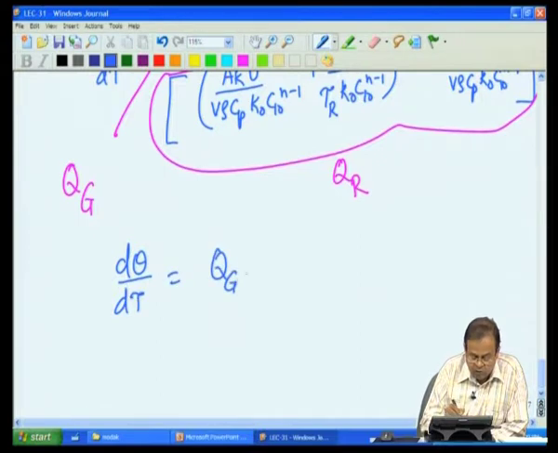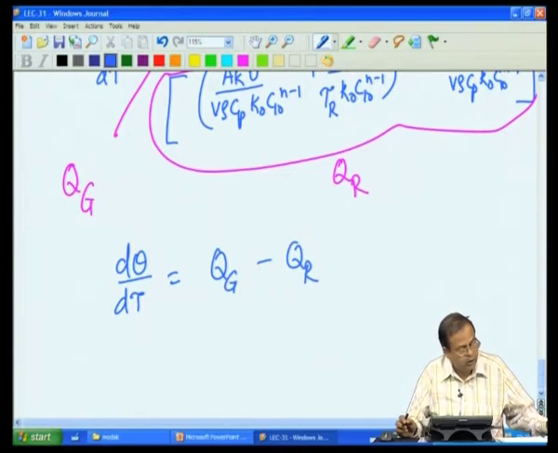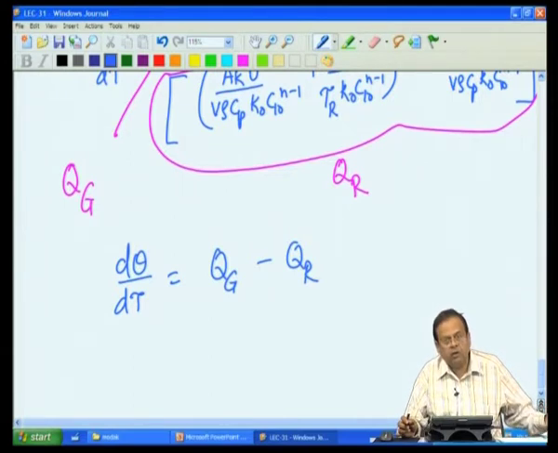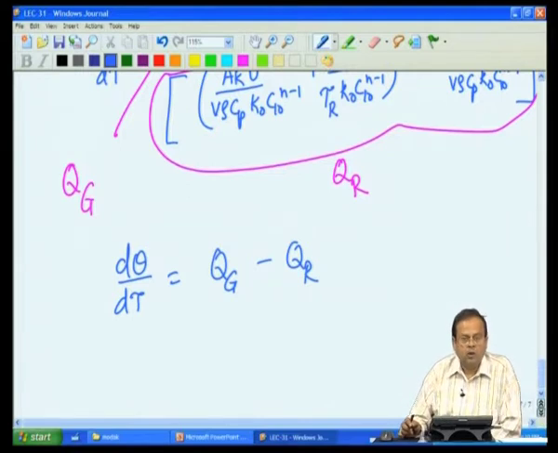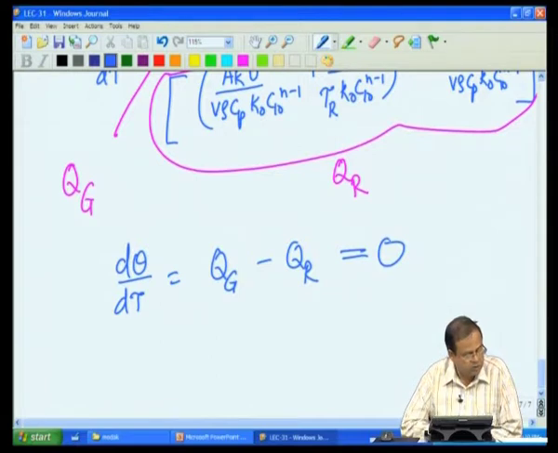But the point is, once again we can write this as Qg minus Qr, and as you know, in a stirred tank reactor, we have a steady state. So, this is actually a precise description. Okay.